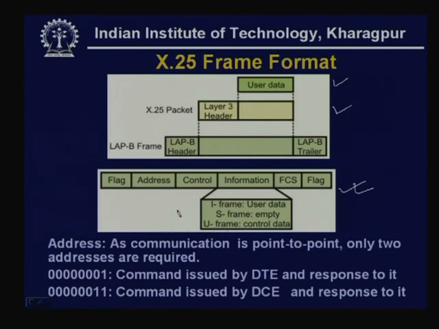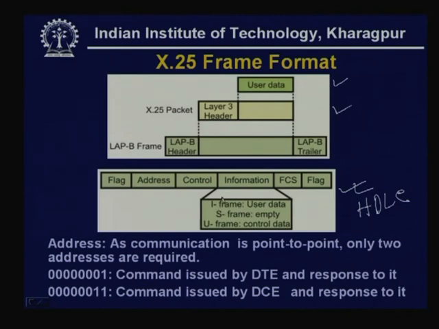This data link layer frame, as we have already discussed in the context of HDLC, has this kind of format. It has flags at the beginning and at the end, and then the address, then the control and information. And as you know, there are three types of frames allowed in HDLC.